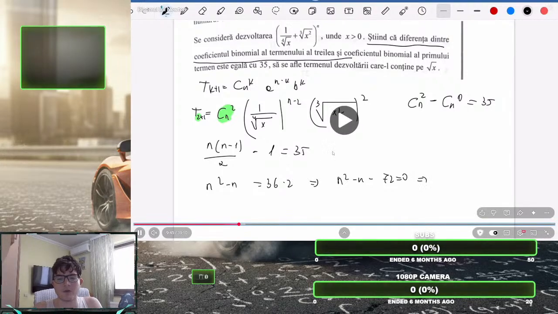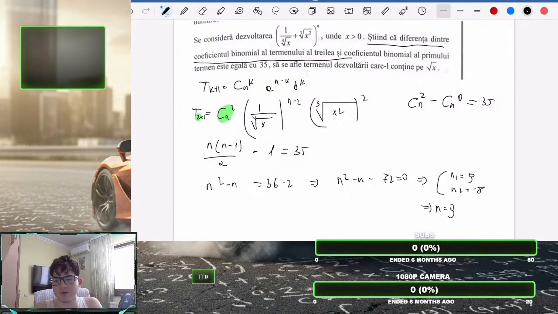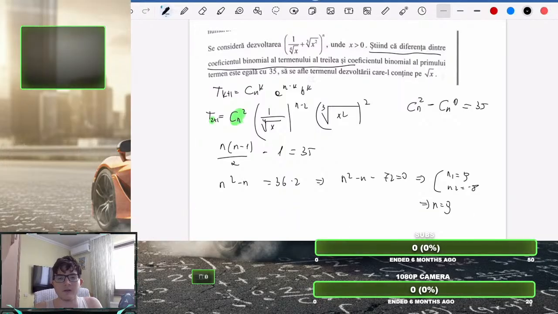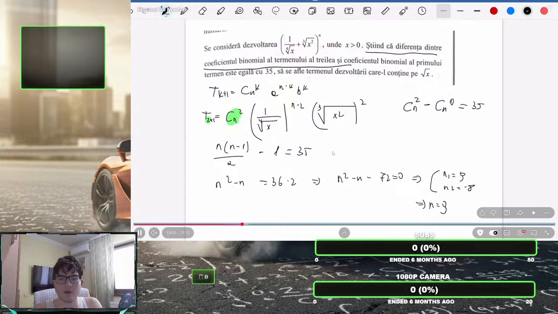So first up, delta and so on. Already solved, so n is 9 because it cannot be negative, as you can see. x bigger than 0, but this is not x, whatever. Power can only be positive here for the term and so on. So it's 9.